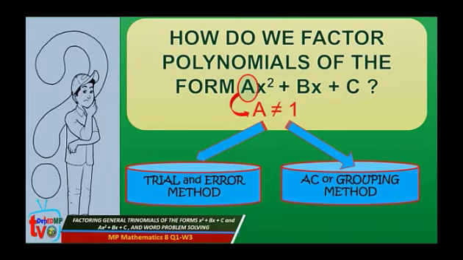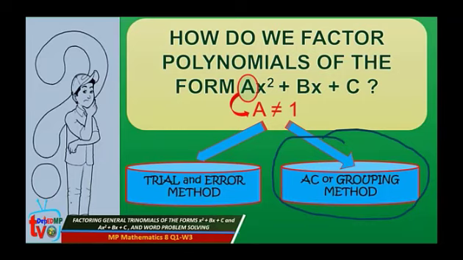However, in this video, I am going to present only the AC or the grouping method. It's something long, but at least from the steps, you can immediately determine where you committed an error.